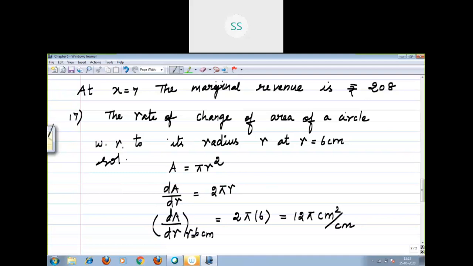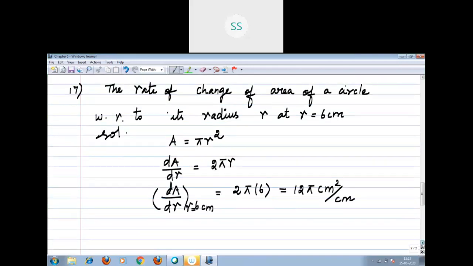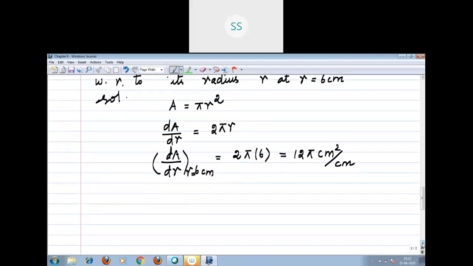Area with respect to radius. So your answer is 12 pi centimeter square. In the book, the option is B, right?